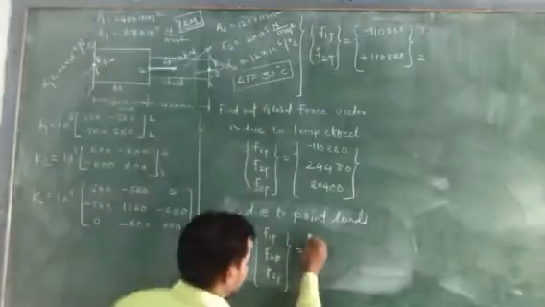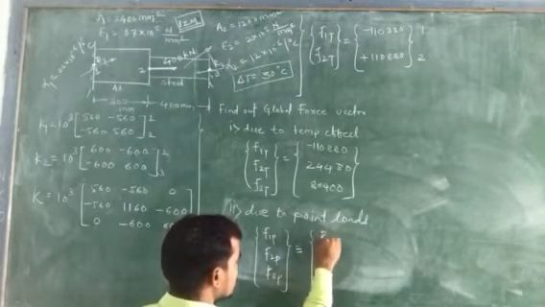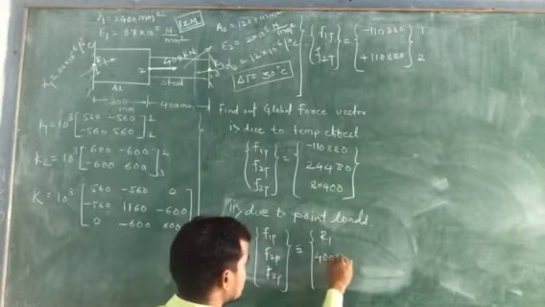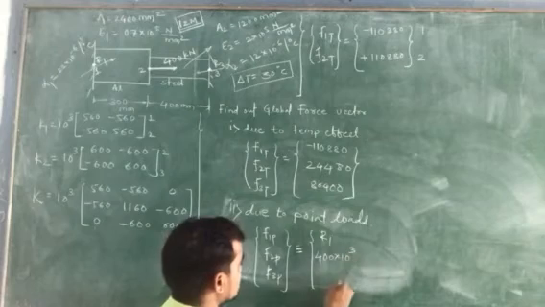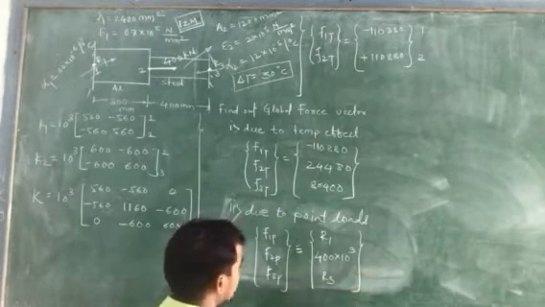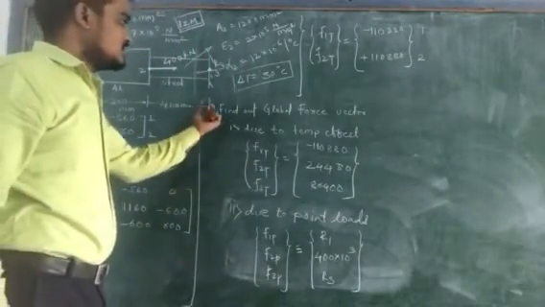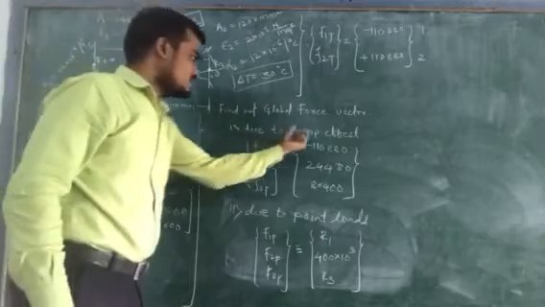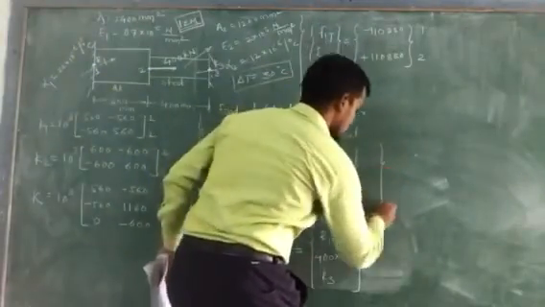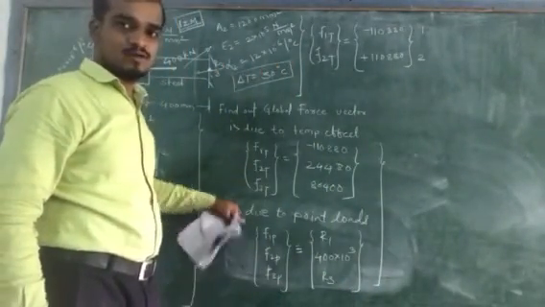At first node there must be some reaction R1. At second node, force value is given as 400 into 10 raised to the power 3, and for third node this is R3. Now finally construct the global force vector due to this temperature effect and due to this point load. To get these values, just add these two force vectors to get the final global force vector.